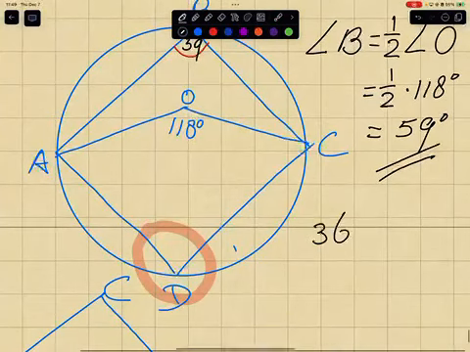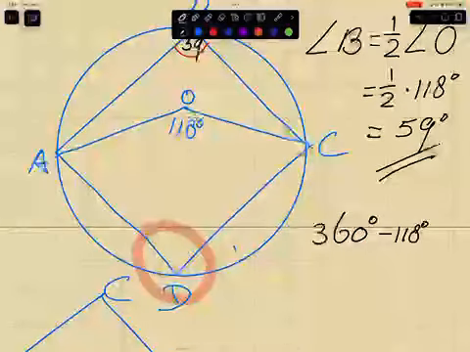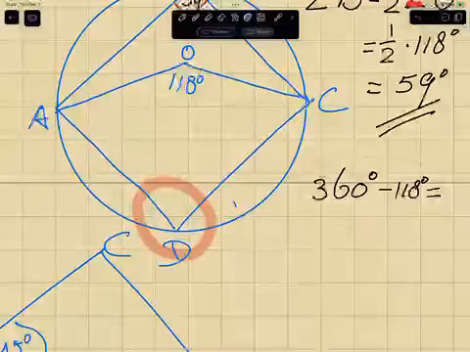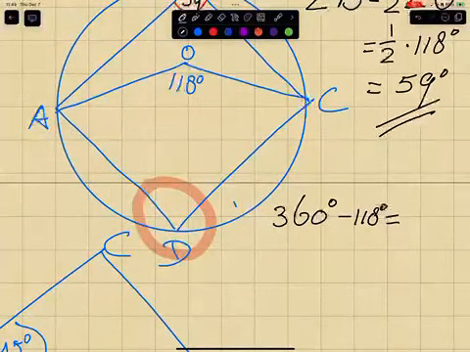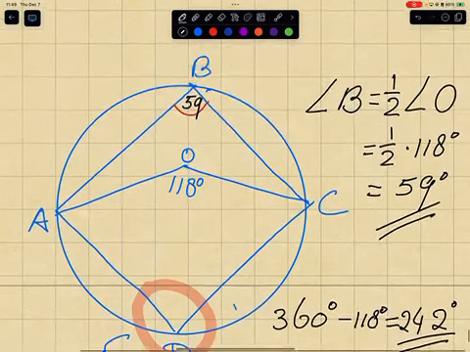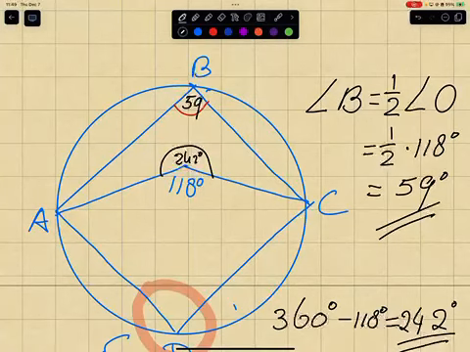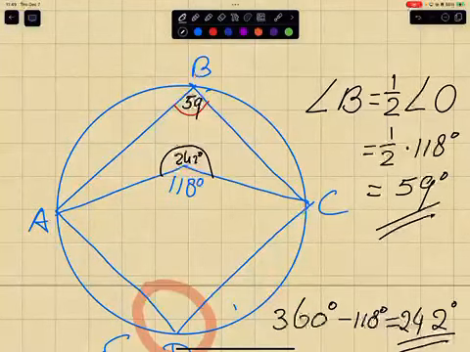So that angle is 360 subtract 118, which gives 242 degrees. So this angle is 242 degrees.